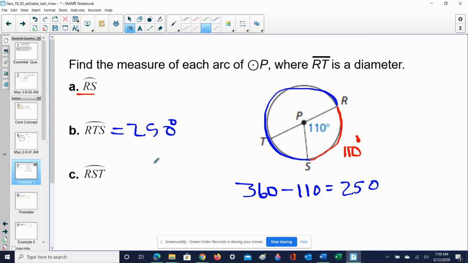Arc RST. R to S to T. Well, if this is a diameter, that cuts a circle in half. That has to be 180 degrees.